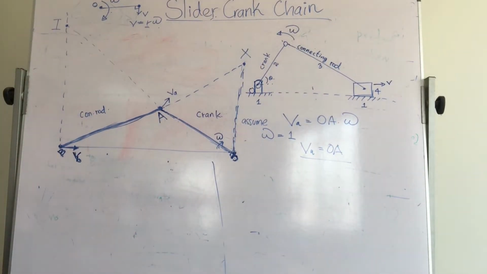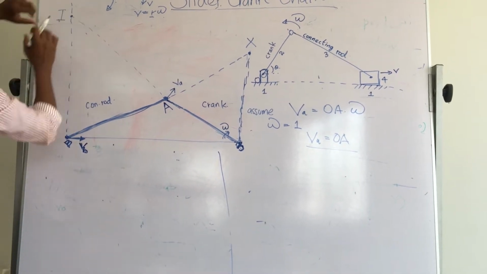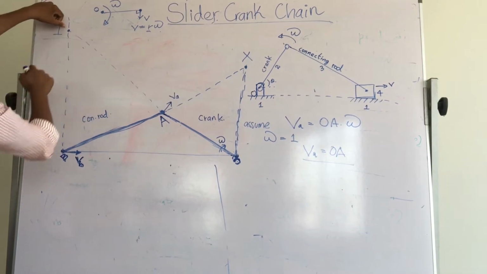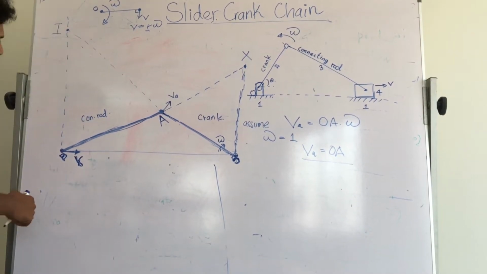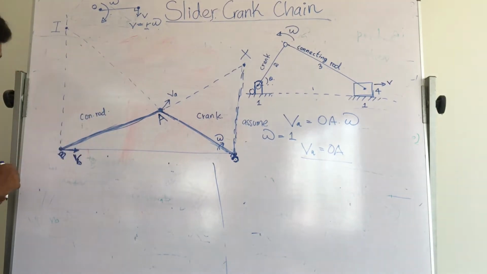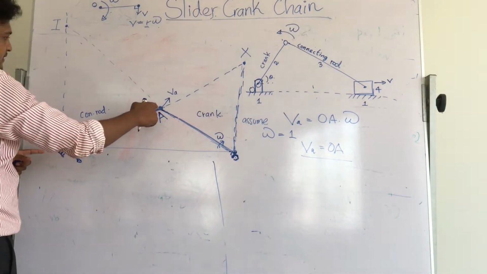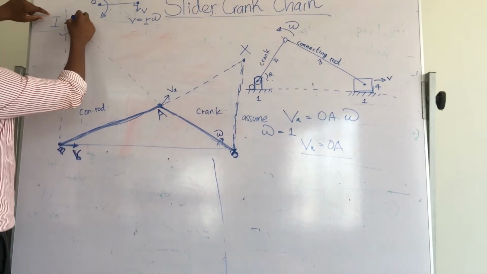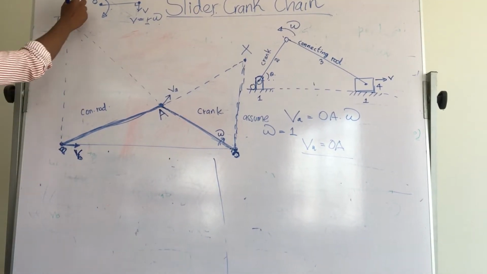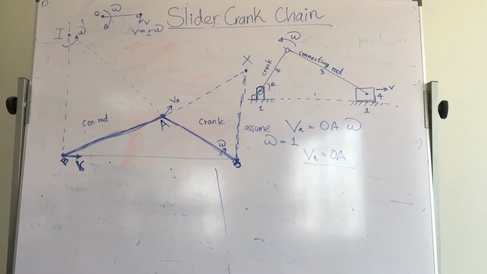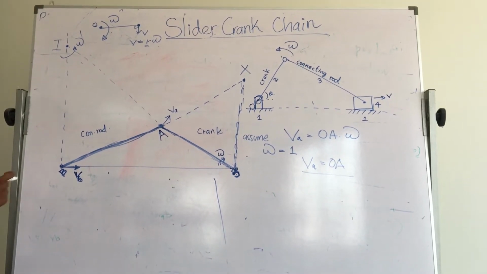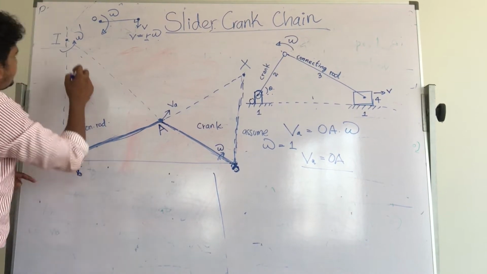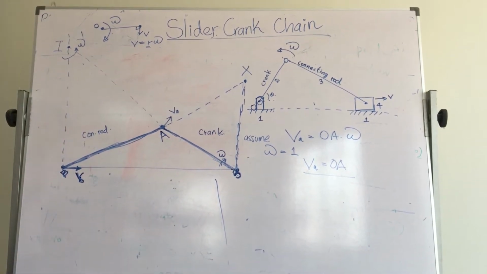Then consider this instantaneous center. If you apply the same equation about this instantaneous center to this connecting rod, all the points are going to rotate at omega dash velocity at a given time. Whichever point you take, this omega 1 is constant at a given time.